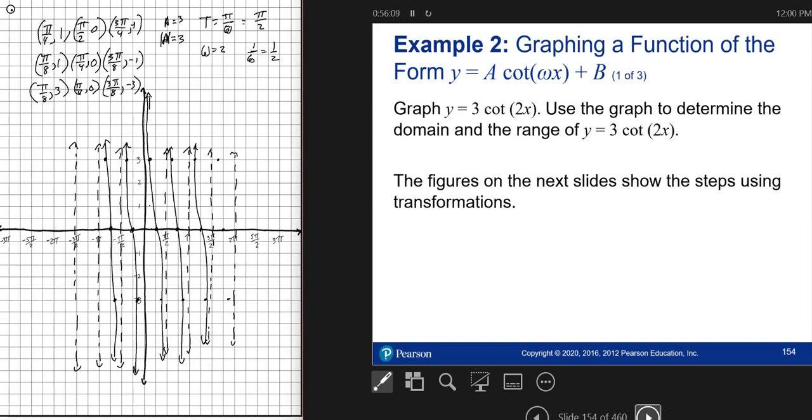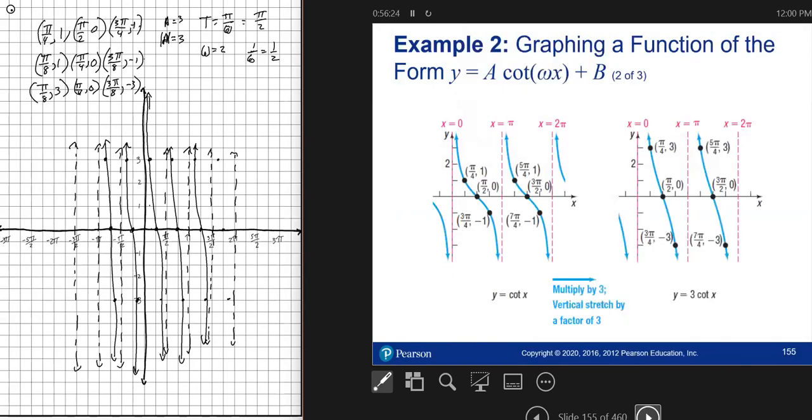So what they do, they go ahead and show the transformations on the graph where I showed them through these key points. Right. So the first thing they did was they multiplied these y values by 3 first.